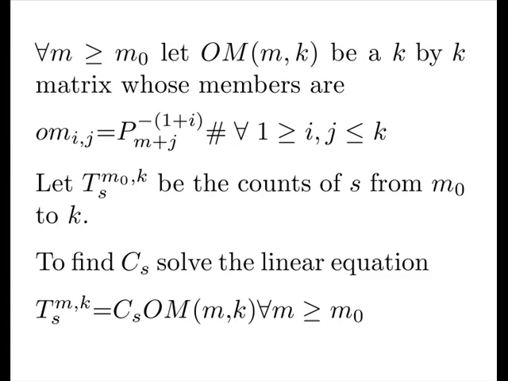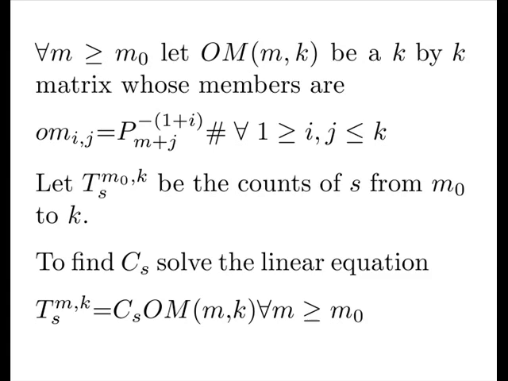Let T of m0 and k at s be the counts of s, an r string, from m0 to m0 plus k. To find c sub s, the set of indexes for each minor primorial, we solve the following linear equation.